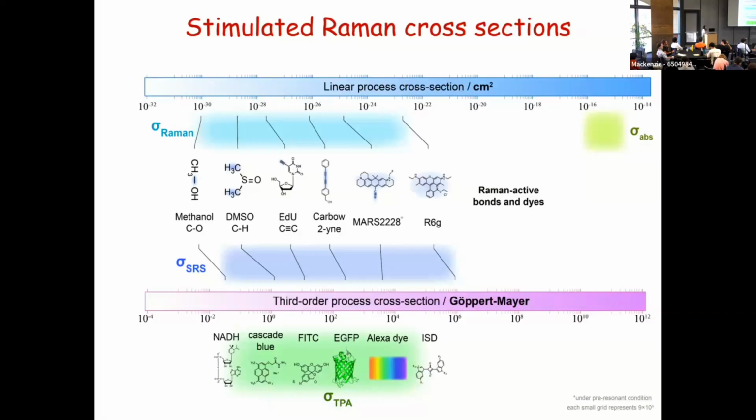In some of those cases, if you compare with the two-photon absorption cross-section, they can be comparable, even higher than that of the two-photon absorption. So this actually challenges the conventional intuition that Raman transition is always a weak process compared to its electronic counterparts.